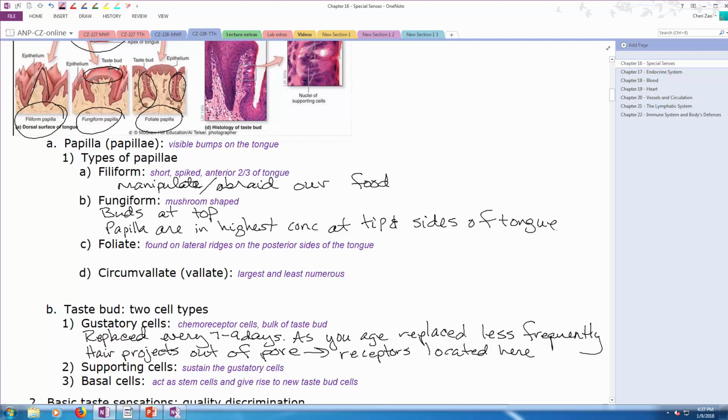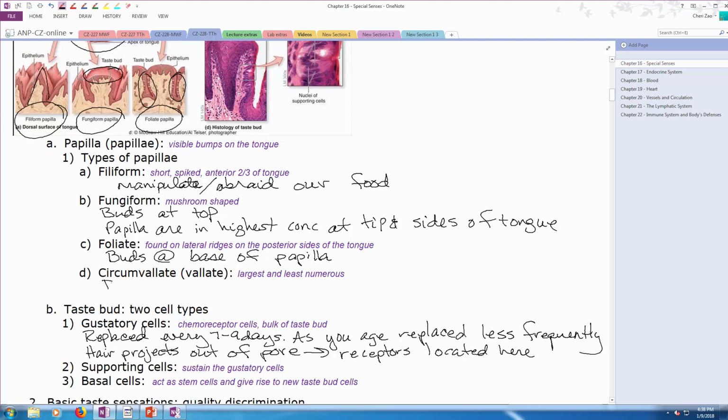That doesn't mean they aren't over the surface of the tongue, but as far as density goes, tip and sides are highest. The foliate, we already know, are at the back lateral aspects of the tongue, and their buds are at the base of the papilla.